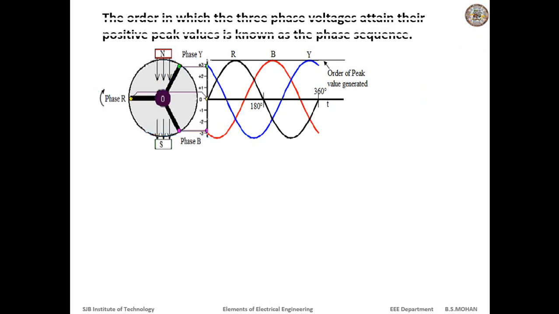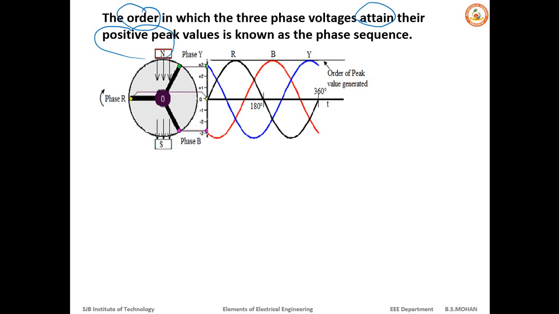Now let's see the statement of phase sequence. The order in which three-phase voltages attain their positive peak value is known as phase sequence. So you can see here which attains positive peak first. From this instant Y has already left, and we get maximum only when the force is perpendicular.